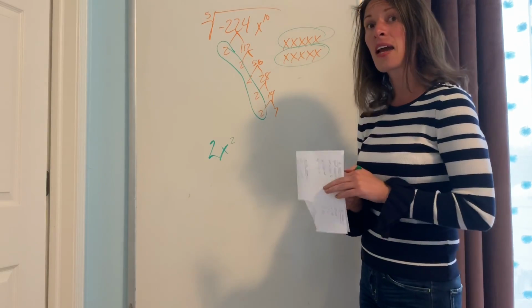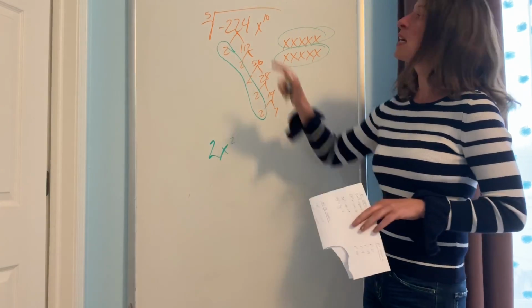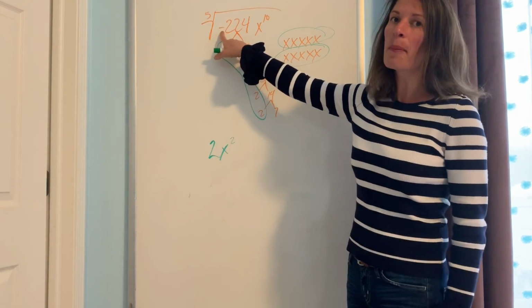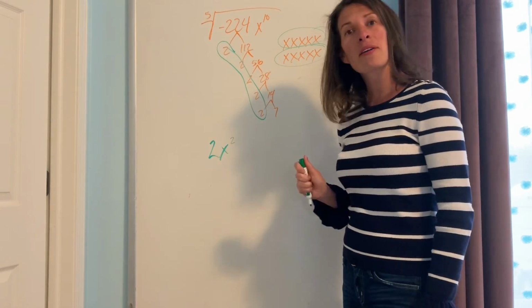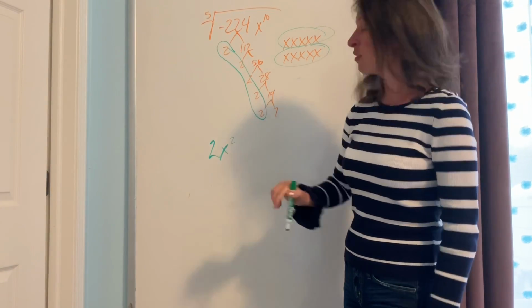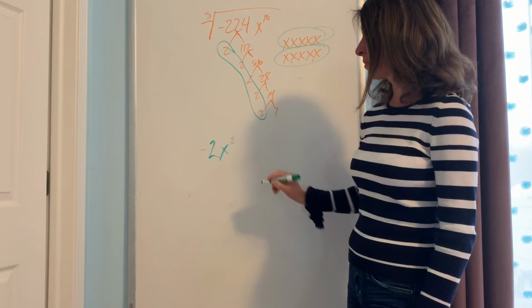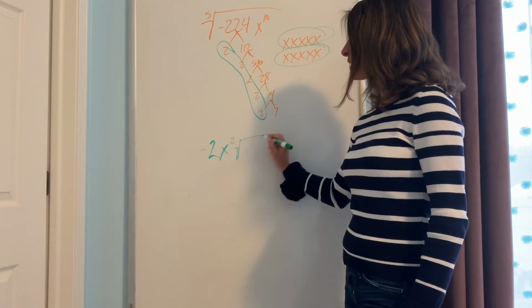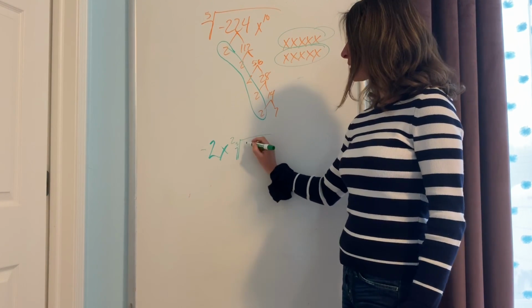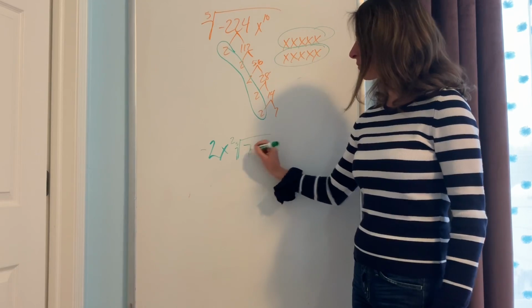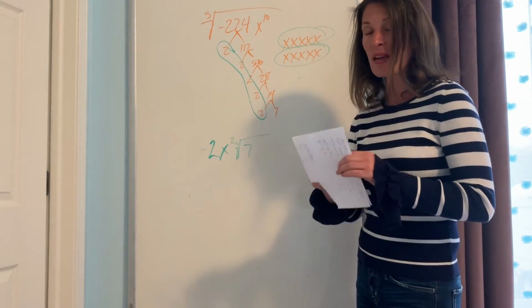And then the last thing I have to do before I start writing my radicals is see this is a negative number and this is an odd root. Odd roots give me a negative answer. And then I write whatever I did not circle inside my root. I did not circle a 7. That's it. So that's my answer.